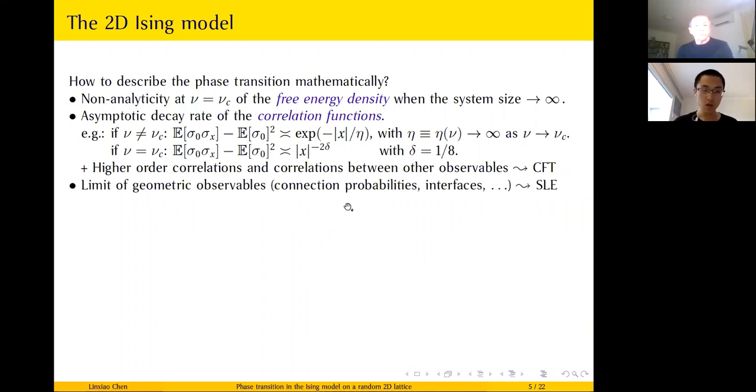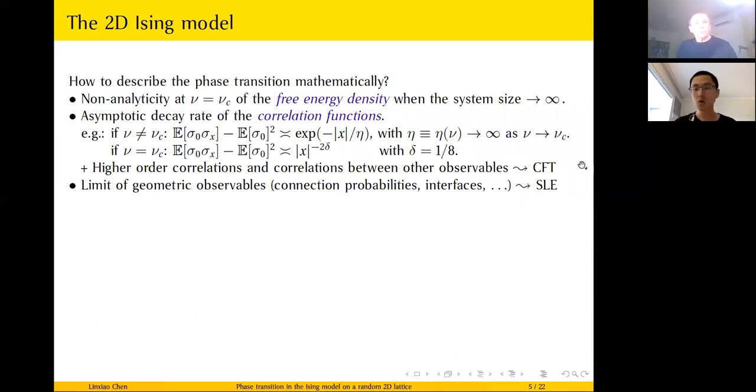And finally, we can also look at more geometric observables, such as the probabilities that different parts of the boundary are connected by spin bridges, or the interface between regions of different spins. And in the large scale limit, this leads to random geometric objects, such as the so-called SLE.